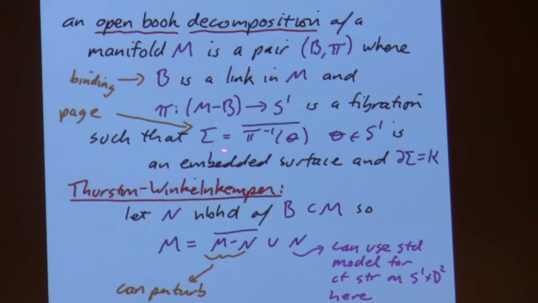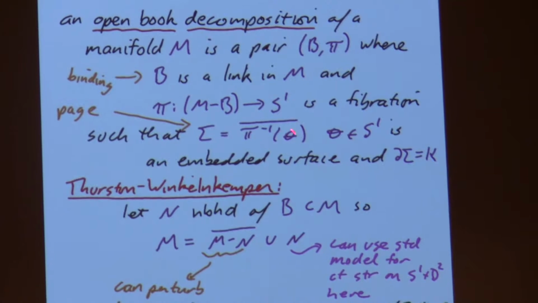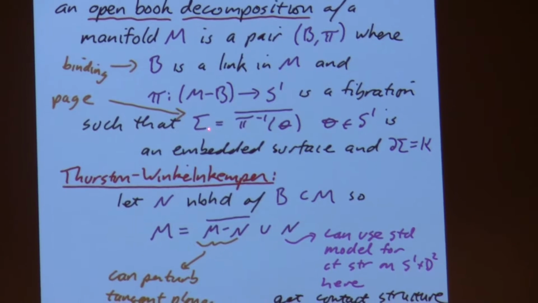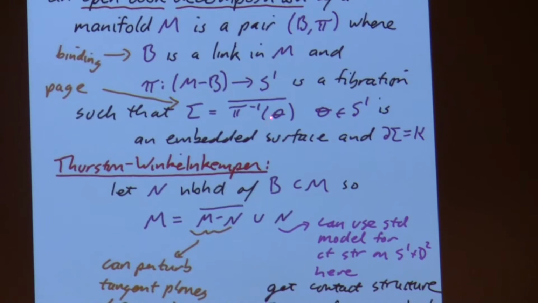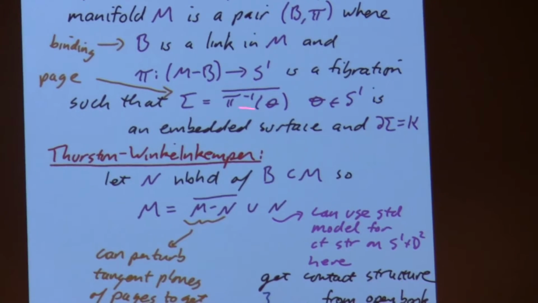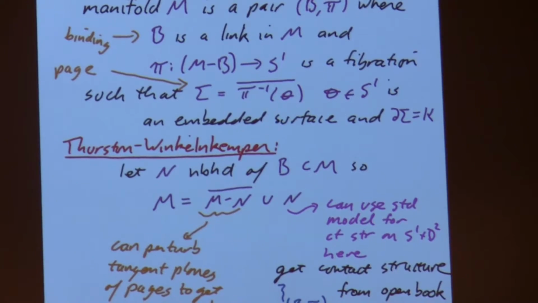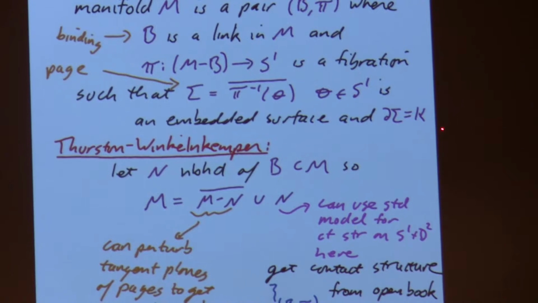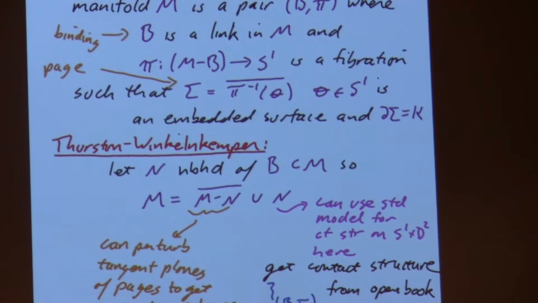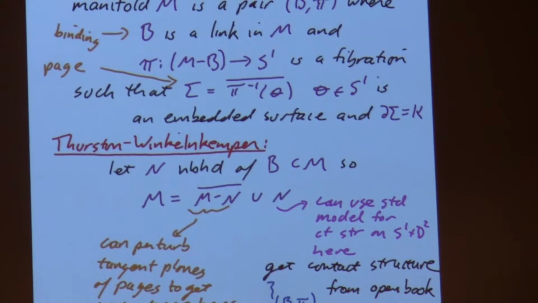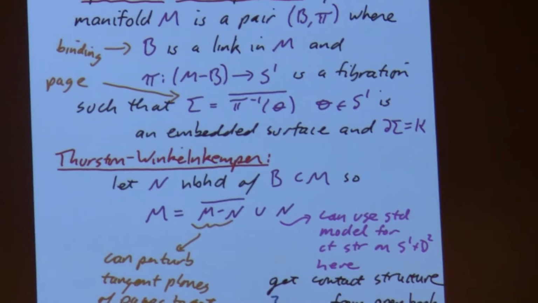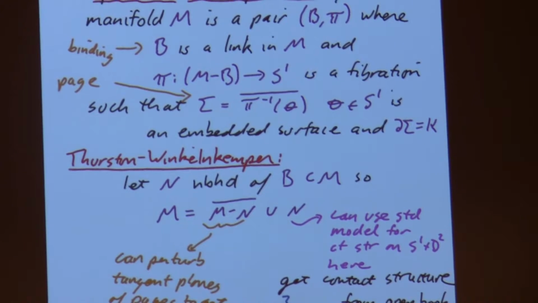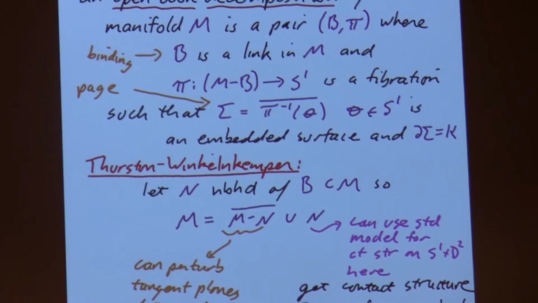And the fibers have to have a very special property: the boundary of the closure of a fiber is B. The boundary of the fibers has to be the link B. OK, good. So that's an open book decomposition.